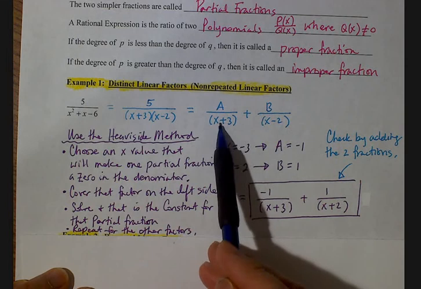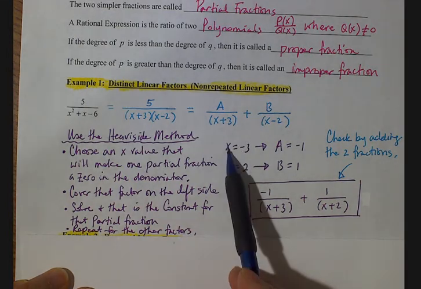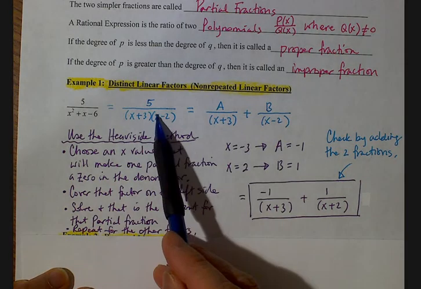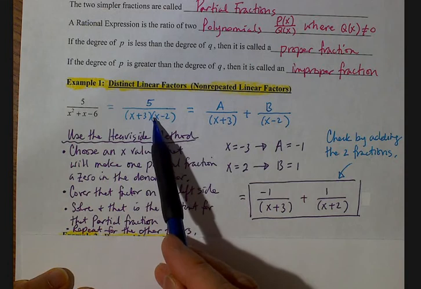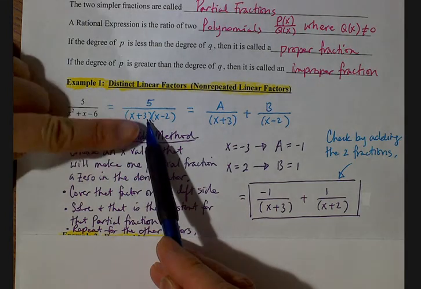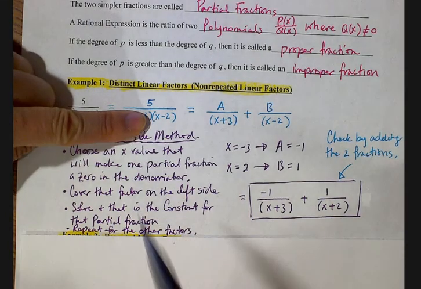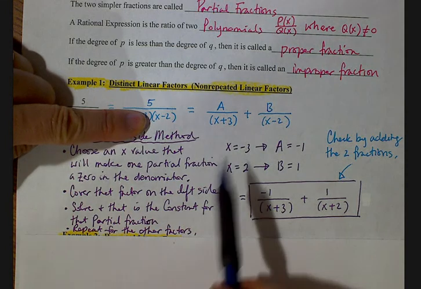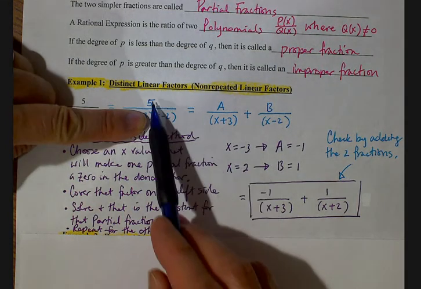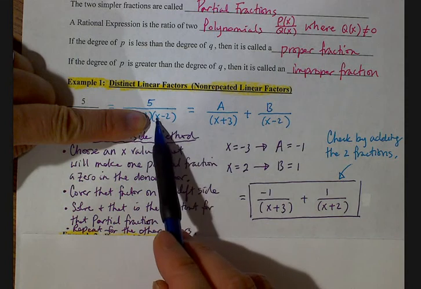So I'm going to choose that number, and the number is x is equal to negative 3. Then what you do is you go back to the left side here, where you have it completely factored, and I'm going to cover up that term of x plus 3. So I'll use my finger and just cover that up. And then you place x is equal to negative 3 in for all of the x's here, which is only this part right here.